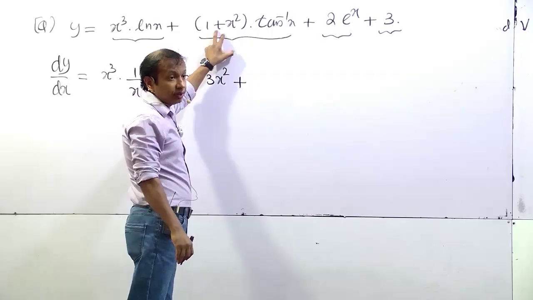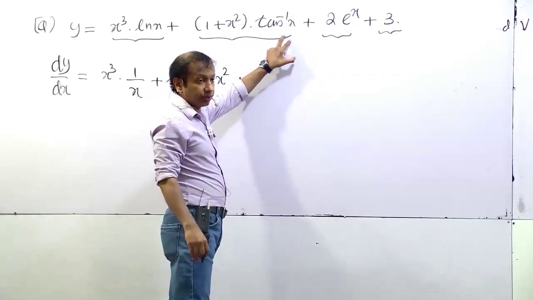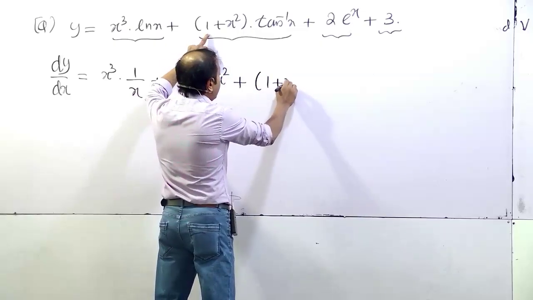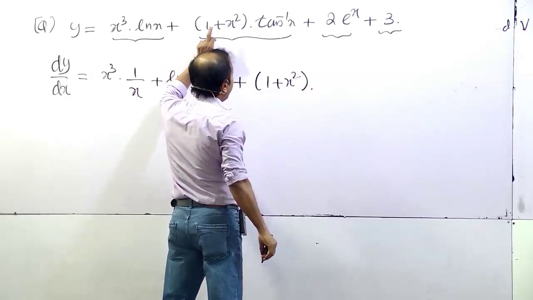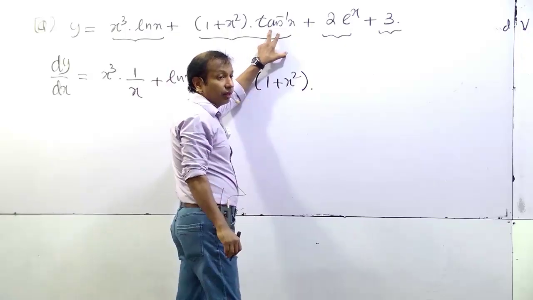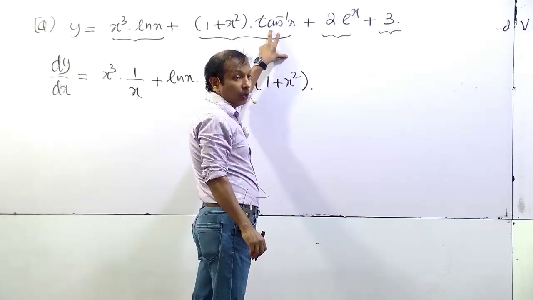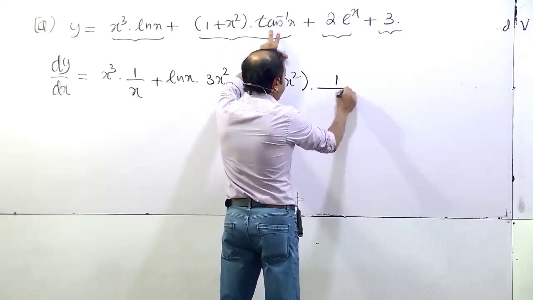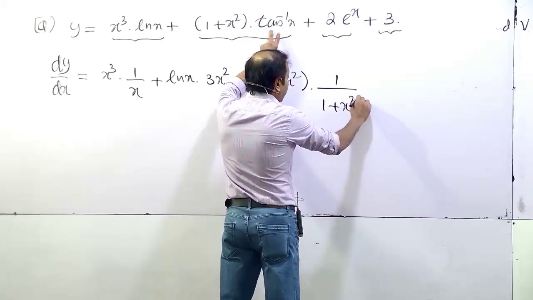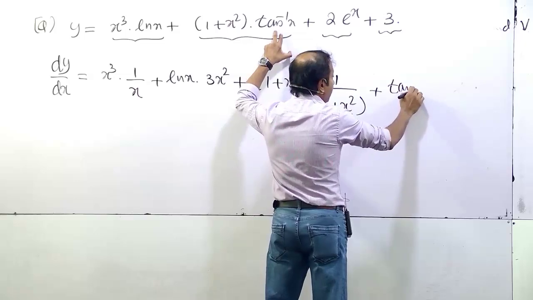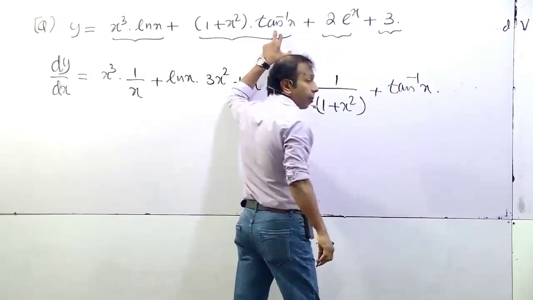This is a u function. This is a v function. Right. U function we keep as the same, 1 plus x squared. Multiply that by a derivative of tan inverse x. What is the derivative of tan inverse x? 1 over 1 plus x squared, today we learned. Now tan inverse x function we have to keep as the same.